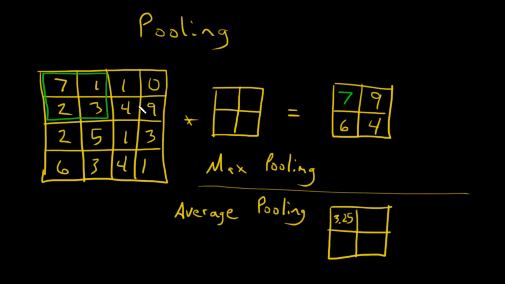Average of these 4 is 3.5. These 4 is going to be 4. And finally, these values right here is going to be 2.25. So average pooling averages those values. Max pooling takes the maximum value of those groupings.